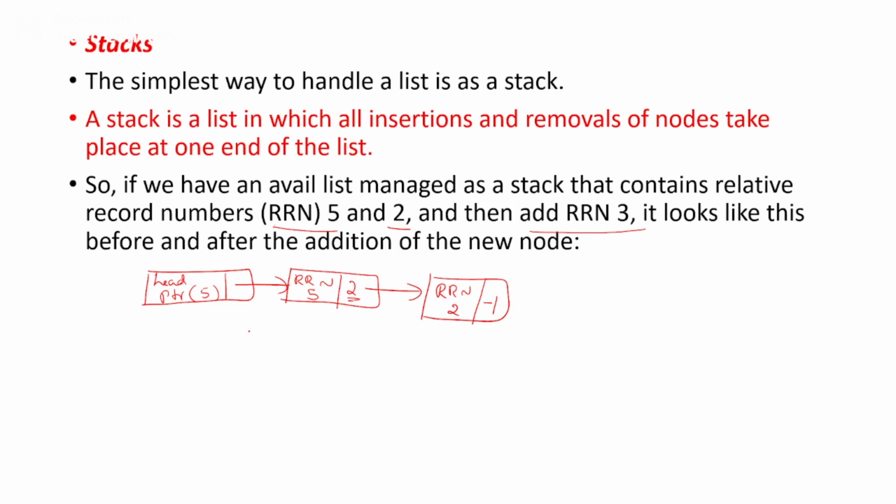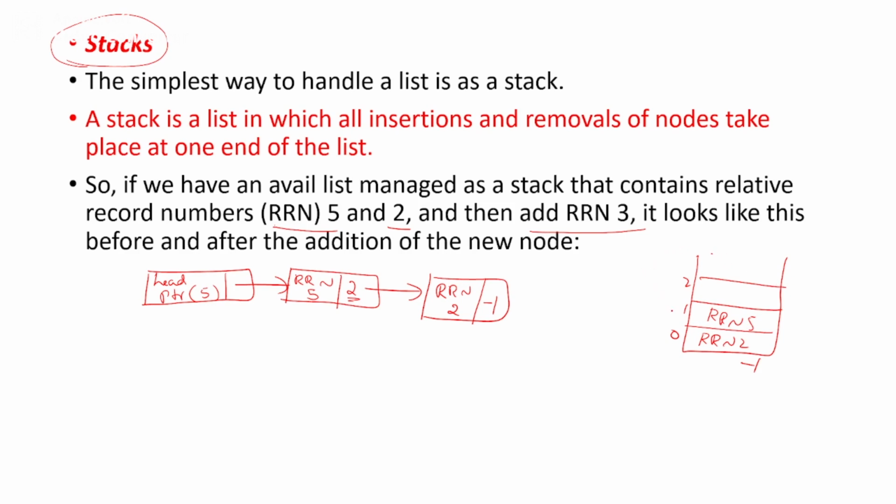Obviously it will be added at the head pointer, because when we are using a linked list as a stack, this is the structure of the stack, and initially whatever is there, that is -1, this is the -1 place, then 0, 1, 2, etc. So RRN2 is there in this, right? Then comes RRN5. This is nothing but your head pointer.